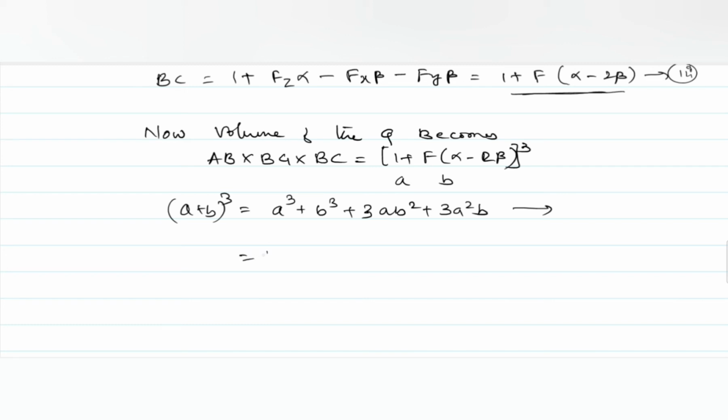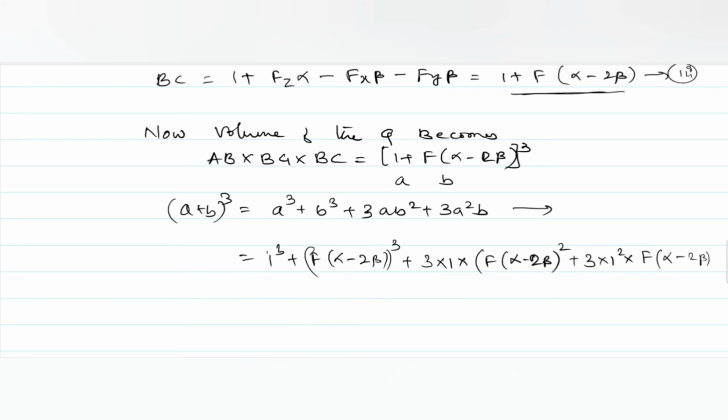So the equation becomes a cube plus b cube, which is alpha minus 2 beta whole cube, plus 3 into 1 into f into bracket alpha minus 2 beta whole square, plus 3 into 1 square into f into bracket alpha minus 2 beta.